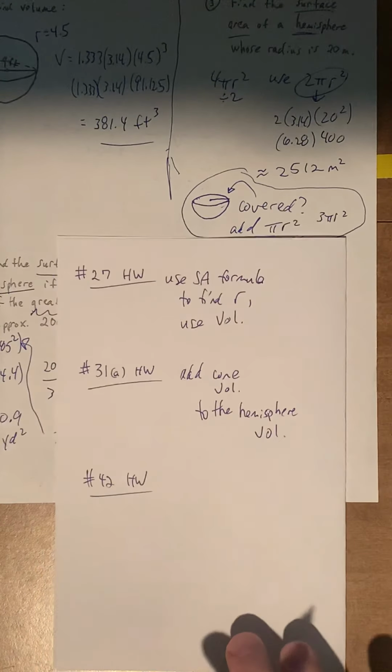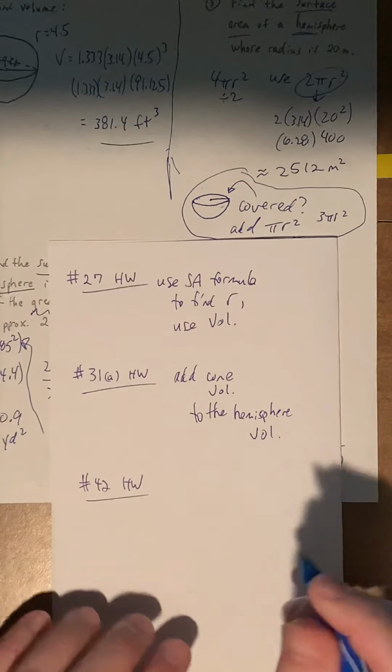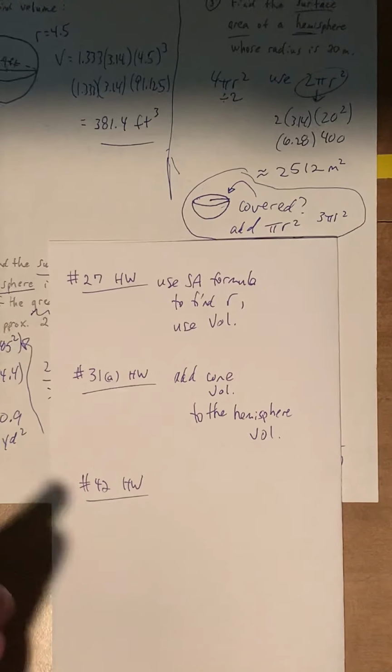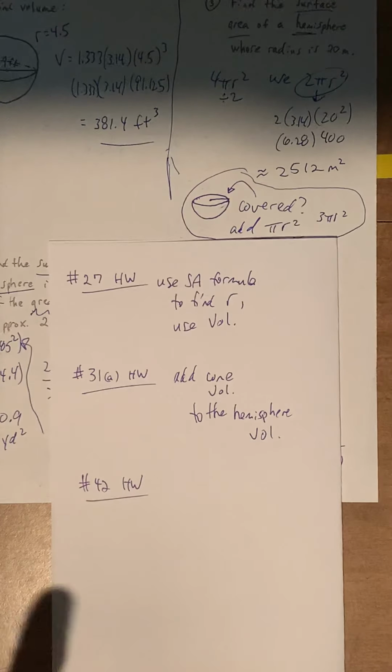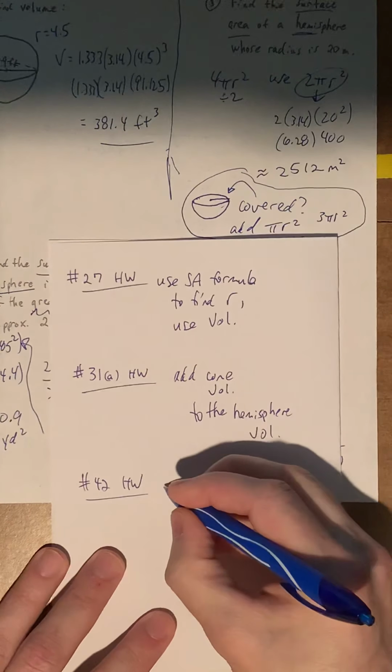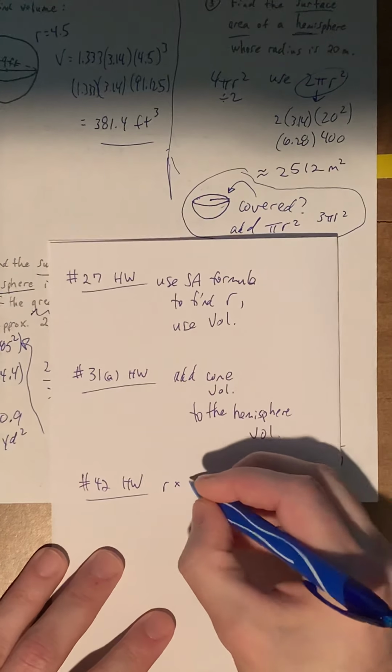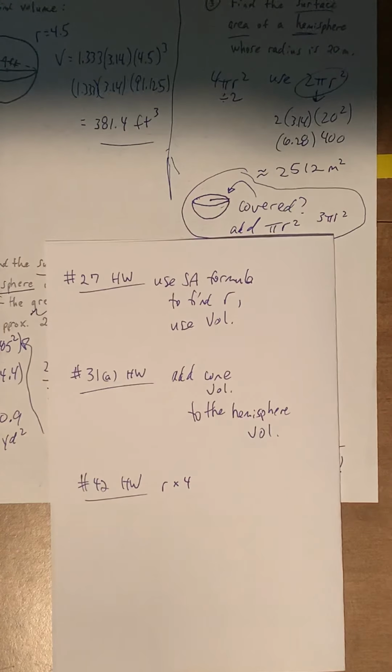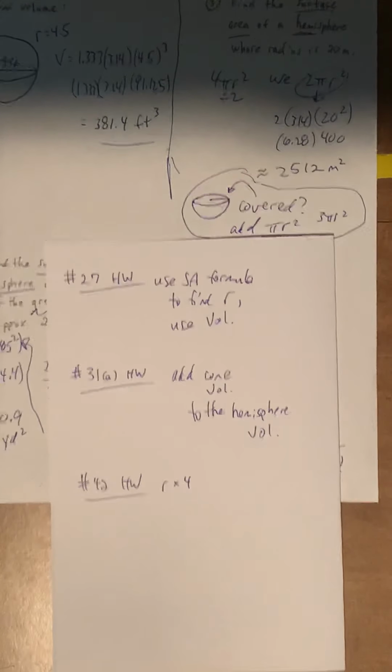And on number 42 in your homework. Now on this one, we've done some problems like this in the past in this chapter. They tell you that a certain dimension changes and they want you to know how it changes the volume or surface area. So in 42, they tell you that the radius gets quadrupled, multiplied by 4. And what does that do to the surface area and the volume? Well, to figure that out, you have to look at the formula.